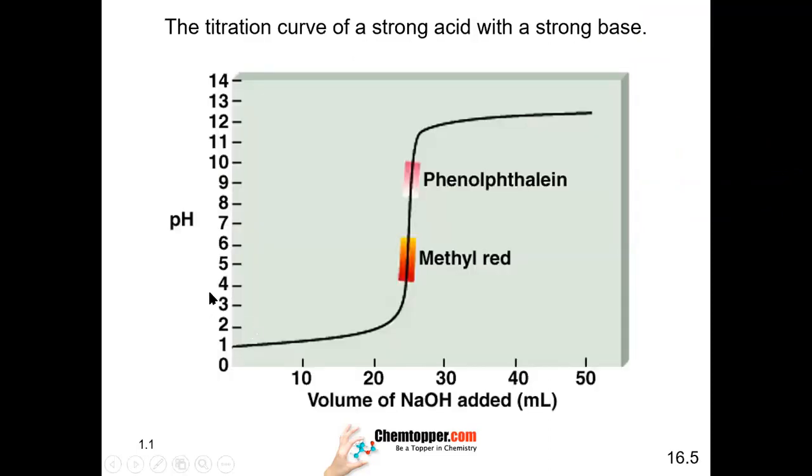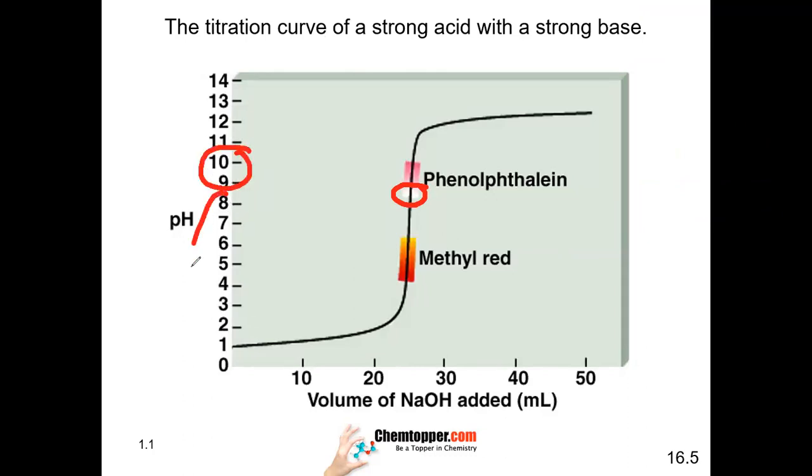Indicators, I think I told you about the indicators. Indicators show a change in color due to change in pH. For example, phenolphthalein. Phenolphthalein is colorless in acidic condition. When the pH is low, it is colorless. But when the pH is very high, it shows a change in color in this range.